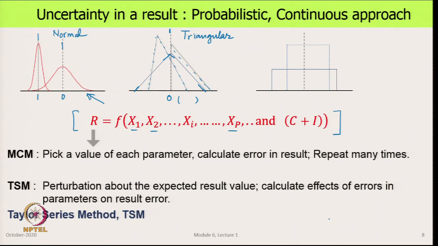The third distribution function shown here is the rectangular distribution function. And this is the mean, and the easiest thing would be that it is symmetric about the mean. What it tells us is that no matter what the value of this variable, it has equal probability of showing up in the population.